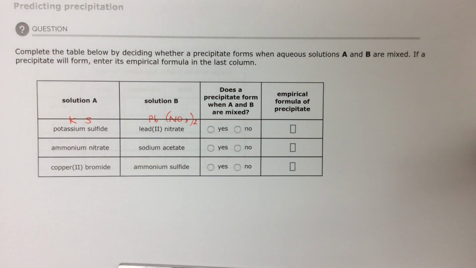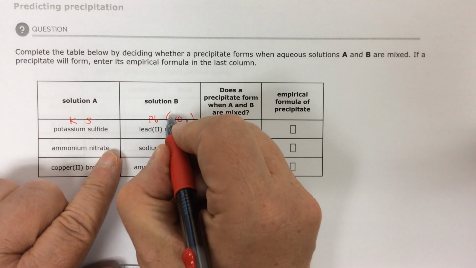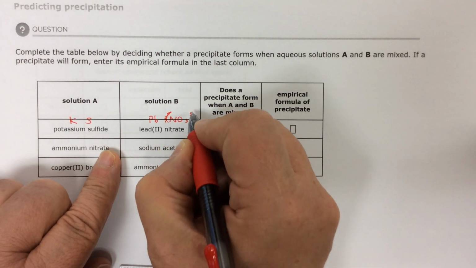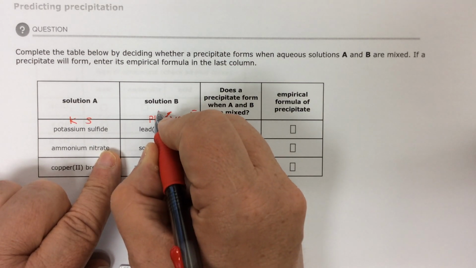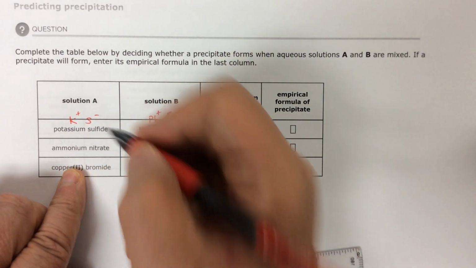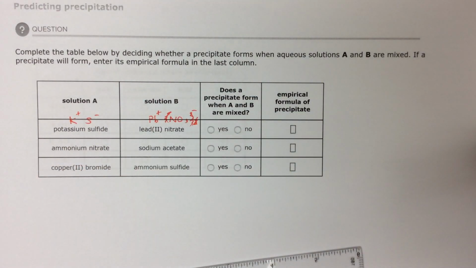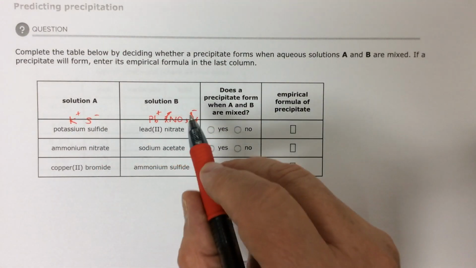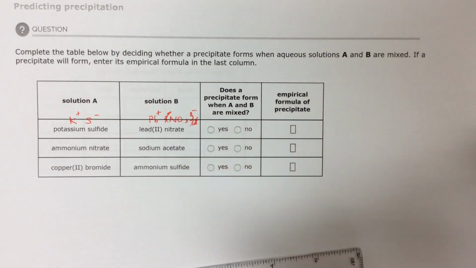This is going to be just NO3 negative, lead positive, right? Because it's a solution, so it's already dissociated. It's all broken apart. In that water, you've got potassium ions, you've got sulfide ions floating around. In this water, you have lead ions, nitrate ions floating around. It's not insoluble, so you don't have a powder at the bottom.